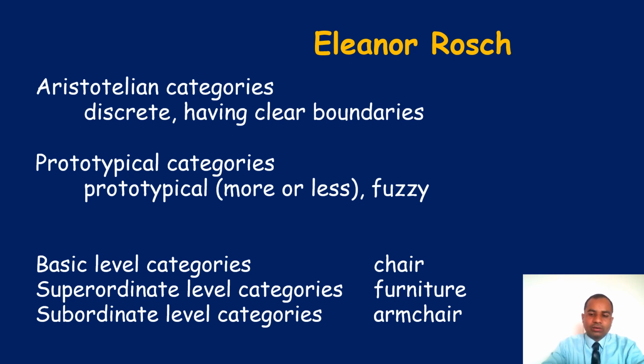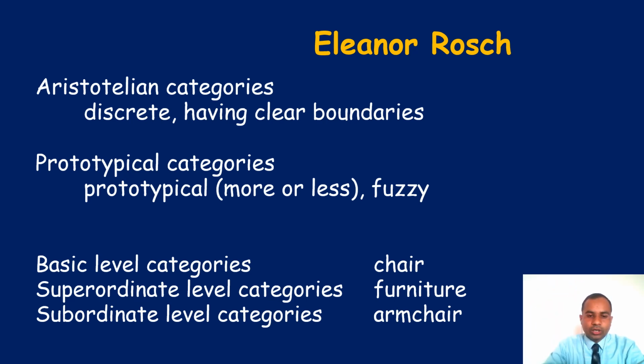So what kind of categories are there now? We have some basic level categories, then we have superordinate categories, and we have subordinate categories. So basic level categories, subordinate, that is below, and superordinate, that is above.